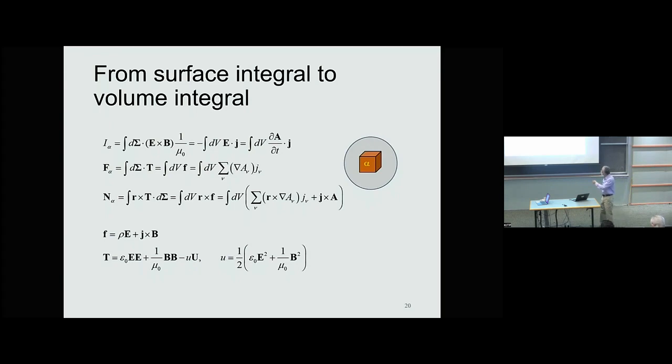Based on that, we can take the force and write everything in terms of A and J. The torque is similar, except that you have to take the cross product with this R. The difference between the force and the torque is that you get an extra term, which we interpret as a spin contribution. You have an orbital angular momentum contribution that is here, and the spin contribution.